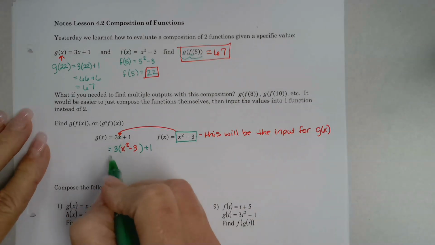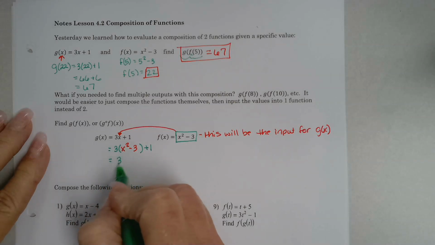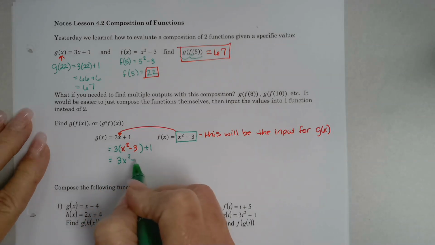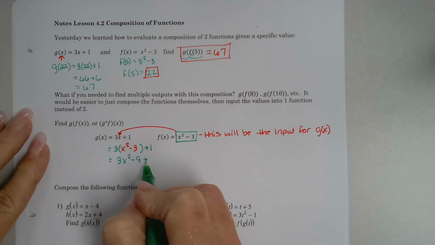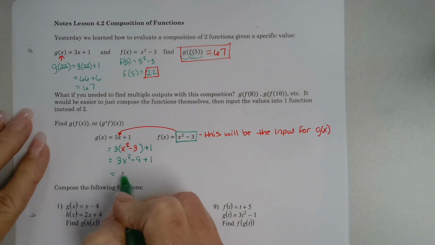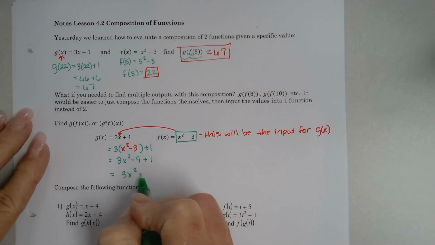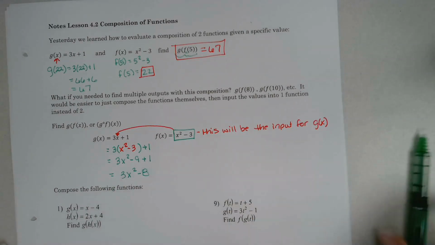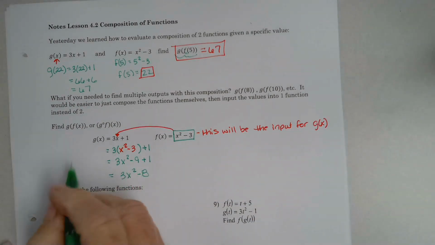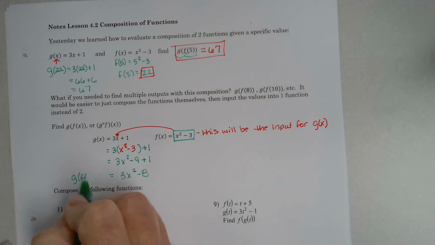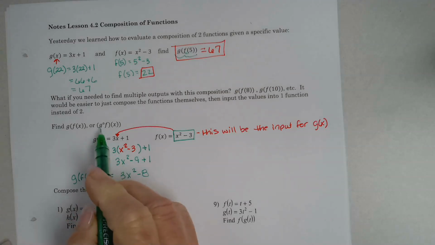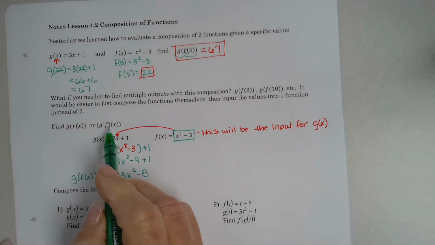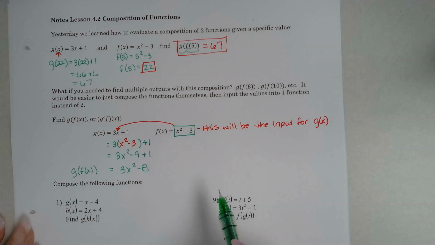And then our result would be 3x squared minus 9 plus 1, or 3x squared minus 8. Now, this is the composition function. That result is g of f of x, or g in composition with f of x.